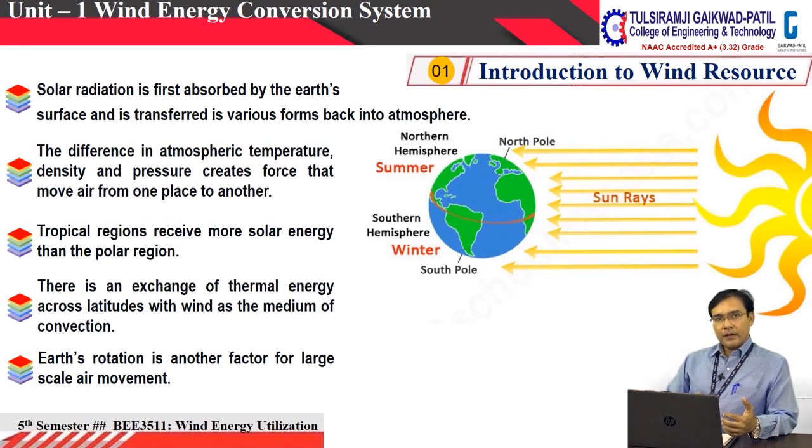This warm air rises up and ultimately the cold air sinks at the bottom, and because of the sinking of this cold air at the bottom, pressure regions are created, that is the high pressure and the low pressure, and because of this there is a flow of wind from the tropical region towards the polar region.